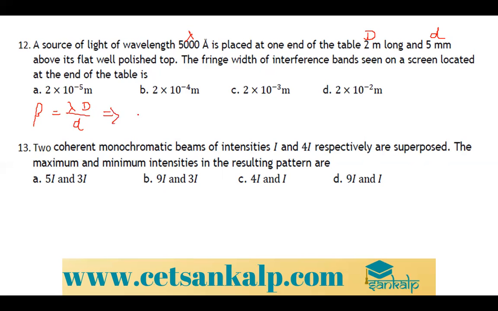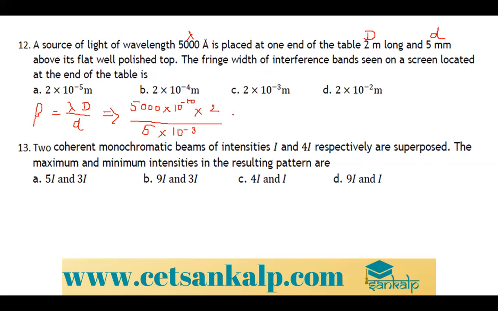So substitute the values. 5000 into 10 to the power minus 10 into 2 divided by 5 into 10 to the power minus 3.